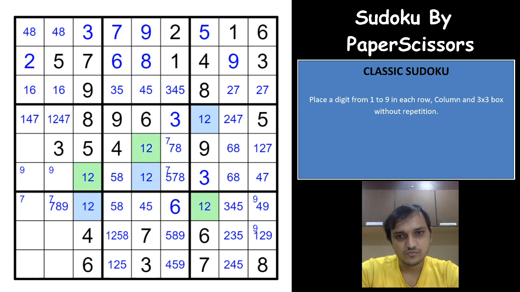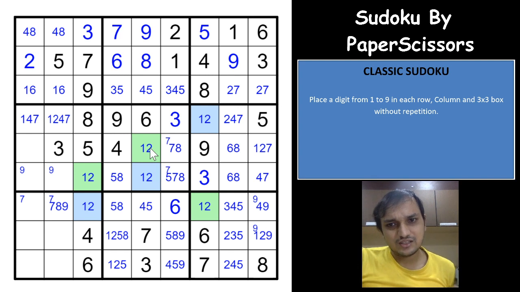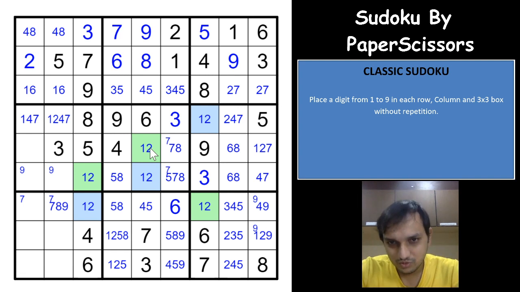A, B, and B. Again, it is kind of a remote pair. Again, the same logic is coming here, guys. The remote pair logic. So 1, 2, 4, 9, 7.